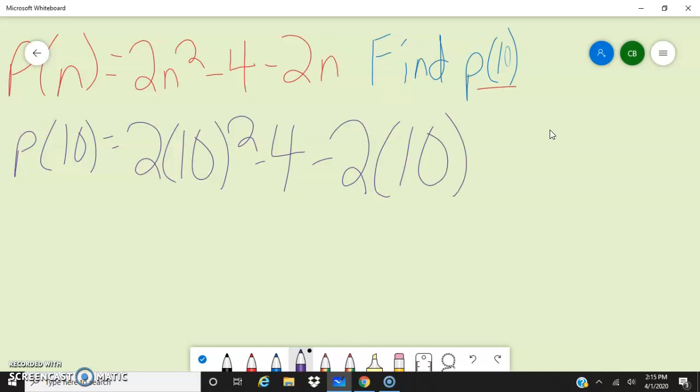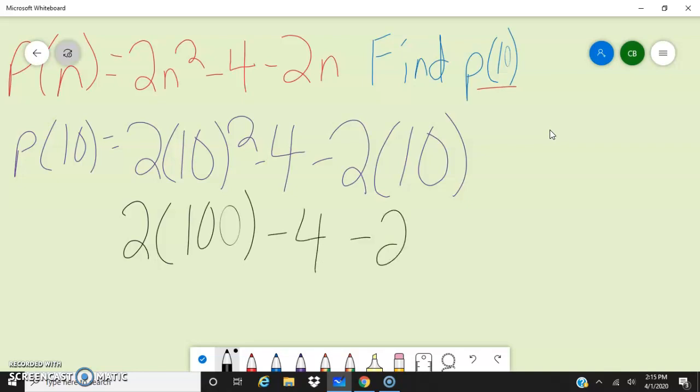Now we can go ahead and simplify just like we did on the last one. Order of operations is essential, so we need to take care of this exponent first. 10 squared is 100. So I've got 2 times 100 minus 4, and then minus 20 if I multiply negative 2 times 10.